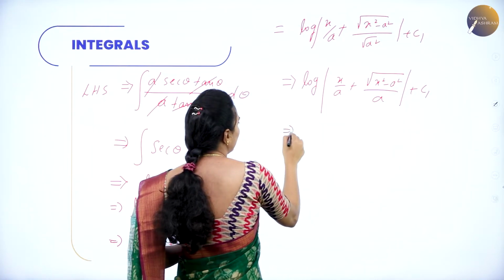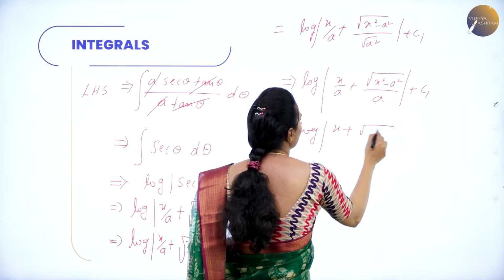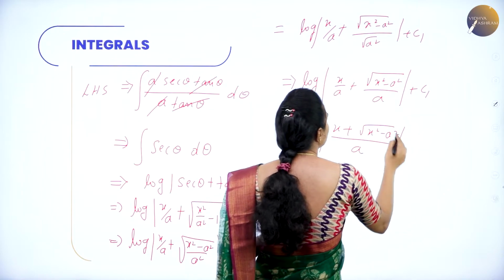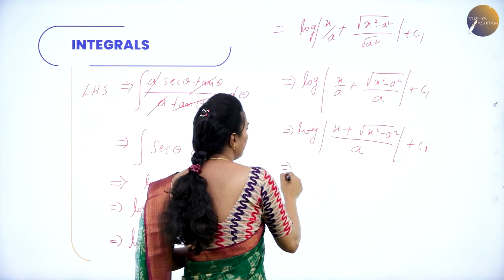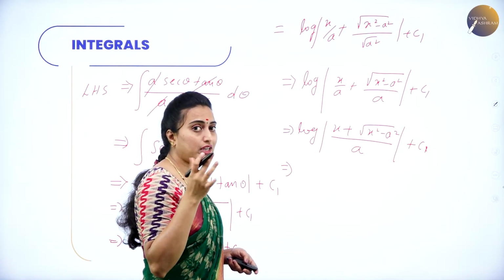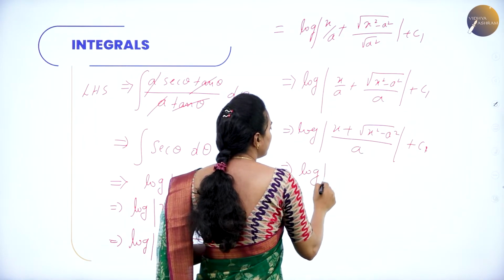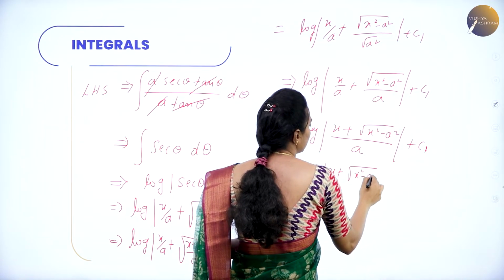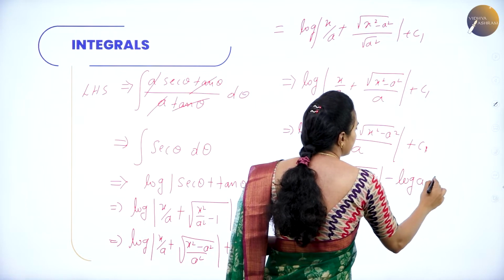Now this can be written as log of modulus of x plus under the root x squared minus a squared divided by a, because we are taking the LCM, plus c1. Now this is log m by n. What is log m by n? Log m minus log n, which will become log m, the whole term, modulus of x plus root of x squared minus a squared, minus log a plus c1.